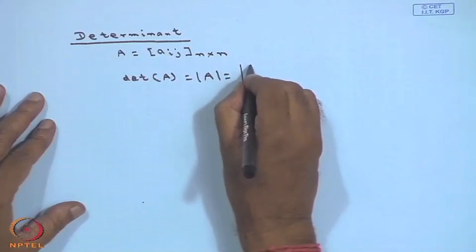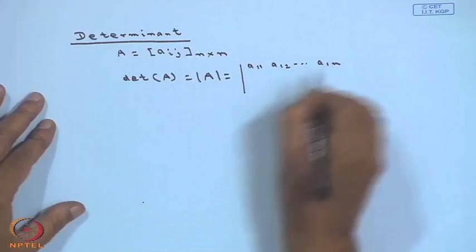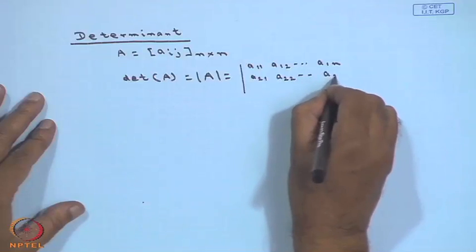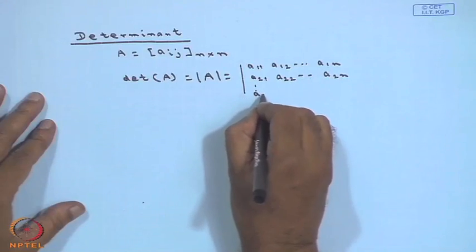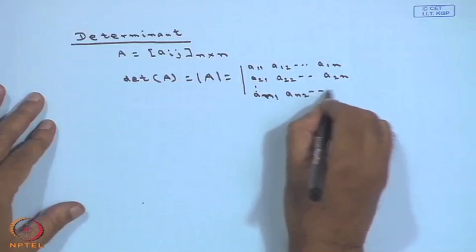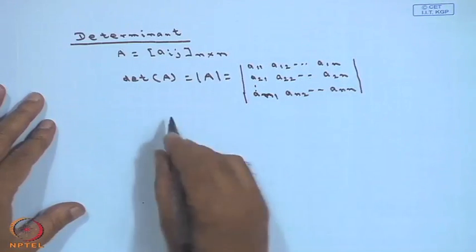Det A will be, we write like this way, with rows up to A2n, and lastly. So, det A is this one.